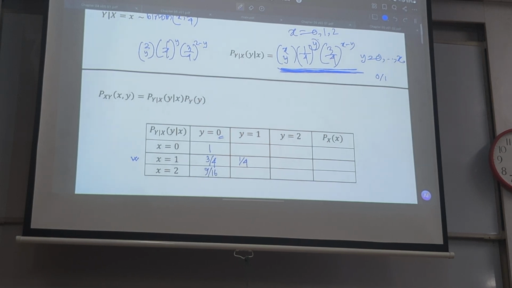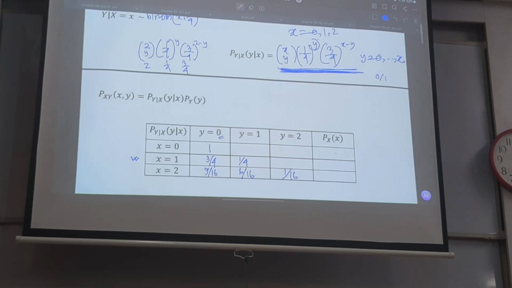When y is equal to 1, this will be 2, times 1/4, times 3/4, so the number will be 6/16. And this one will be 1/16. And all others are 0.